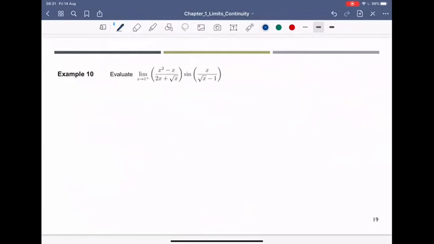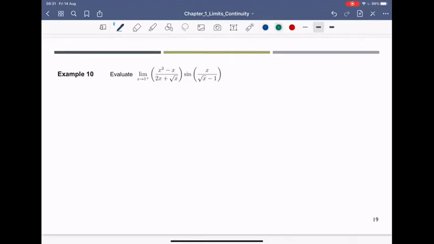We just learned on the previous example that if you see a trigonometric function, you can use the Squeeze Theorem, or the Sandwich Theorem, because that's going to make your world a lot easier. You're going to make it bounded by negative 1 and 1, and then see if it's possible to use the Squeeze Theorem.